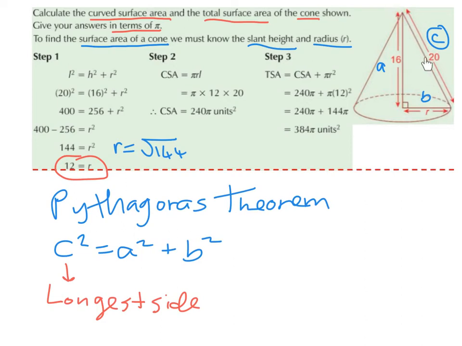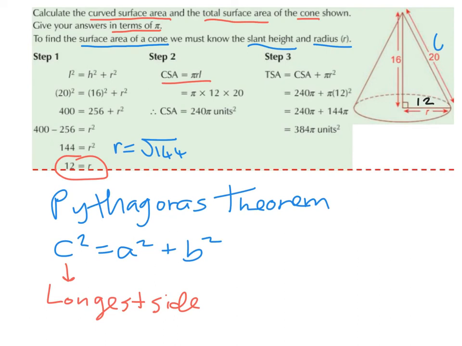So this 20. The L in our formula pi r L is 20, and we now know that the radius is 12. So we substitute into our formula for the curved surface area, pi r L. The pi, r and L are all stuck together, which means we multiply. Pi multiplied by 12 multiplied by 20.